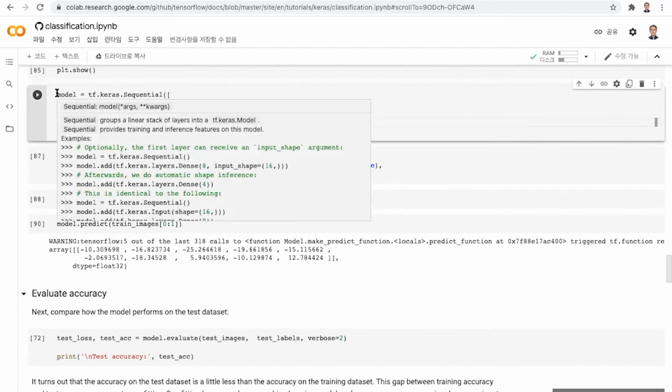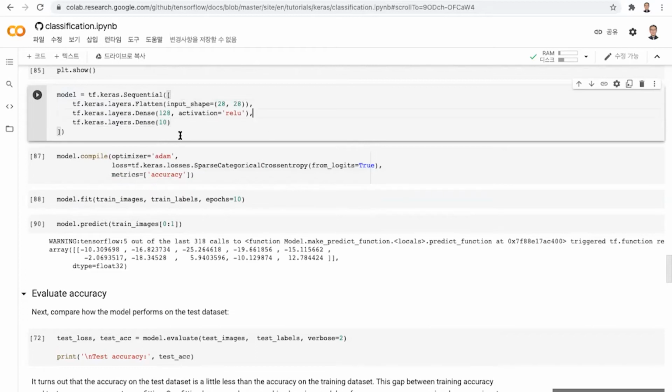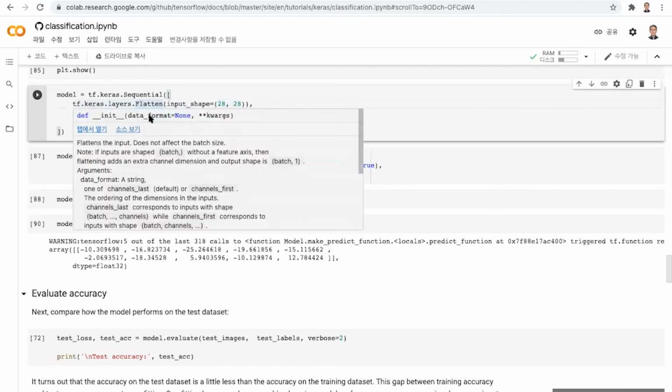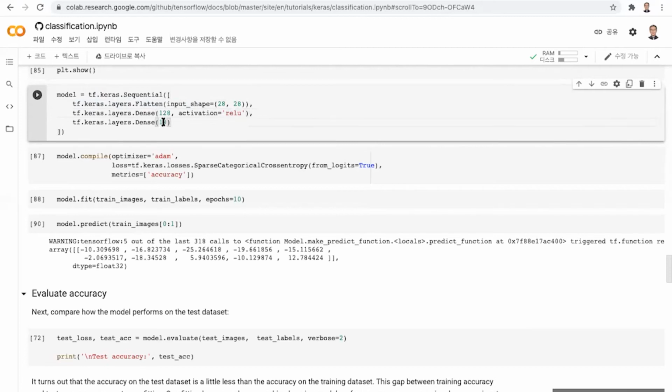Above this cell is how we retrieve the data set and how we divide it, but that's just a data step. The actual TensorFlow part starts from here. We make a sequential model. The input shape, because this is an image, is rows and columns, and flatten is just to make one big row, and then ReLU, and then it produces 10 numbers.